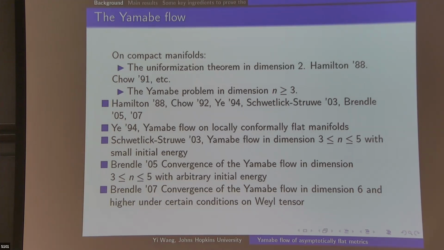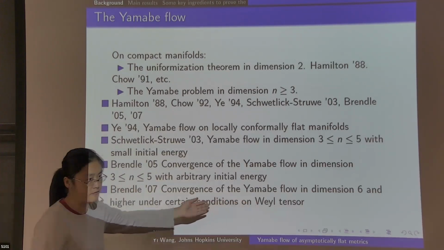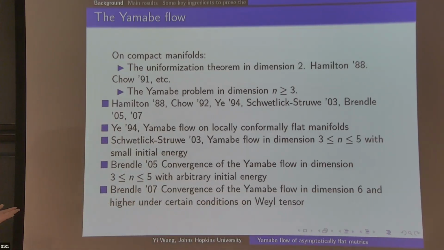it's a pretty good result. Is that last Weyl tensor condition automatically true in low dimensions? I think it could be, but the method seems to be different. Using this Weyl tensor condition, the strategy is very similar to Aubin's 76 proof.